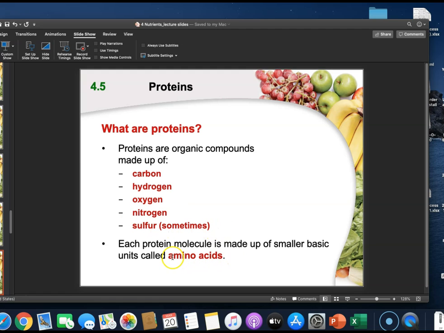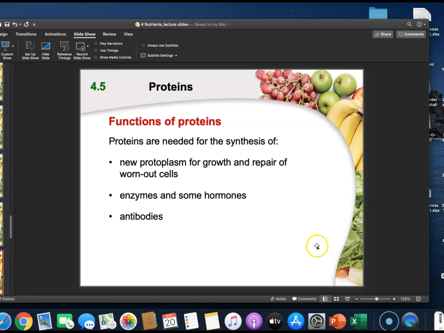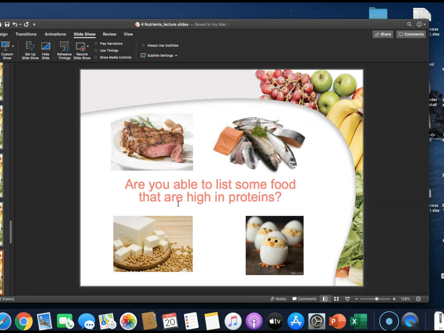We also said that amino acid is the building block of proteins, and we covered the functions of your proteins. Basically, your proteins are used to make new cells because your cells are either spoiled or they need to be made new. Your enzymes and antibodies are also made of protein, and proteins are used to make muscles, by the way.